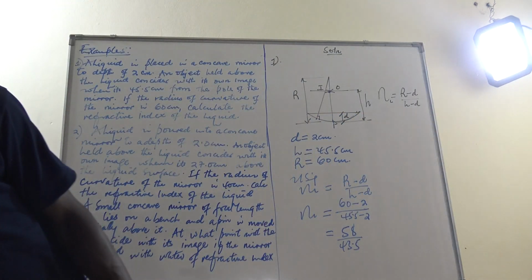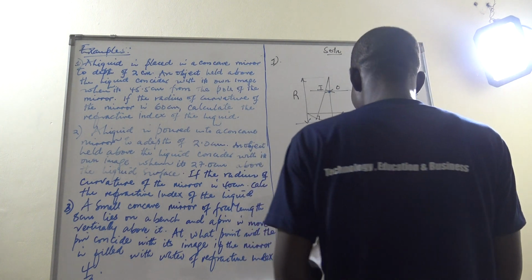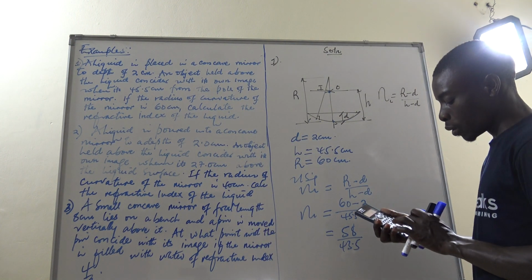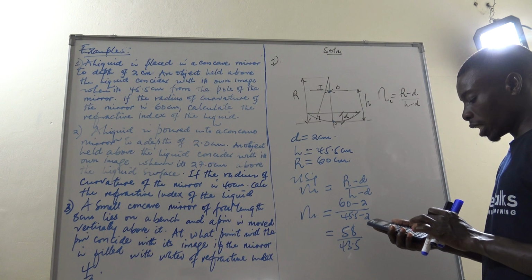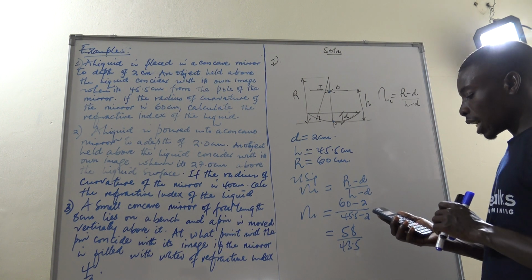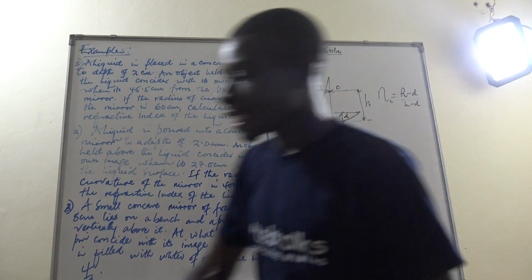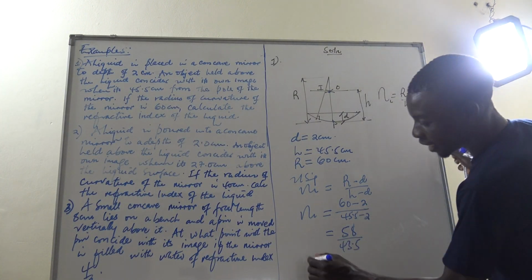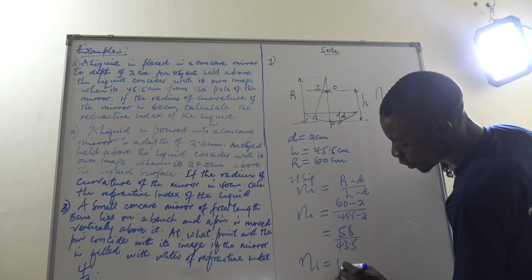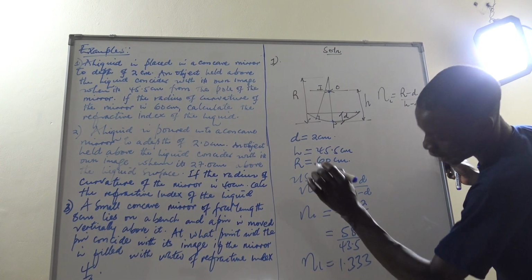So what is our answer? Get your calculator, I'm inviting you to get your calculator and tell us 58 divided by 43.5. That is 1.3333 recurring. That means the refractive index of the liquid is 1.33.